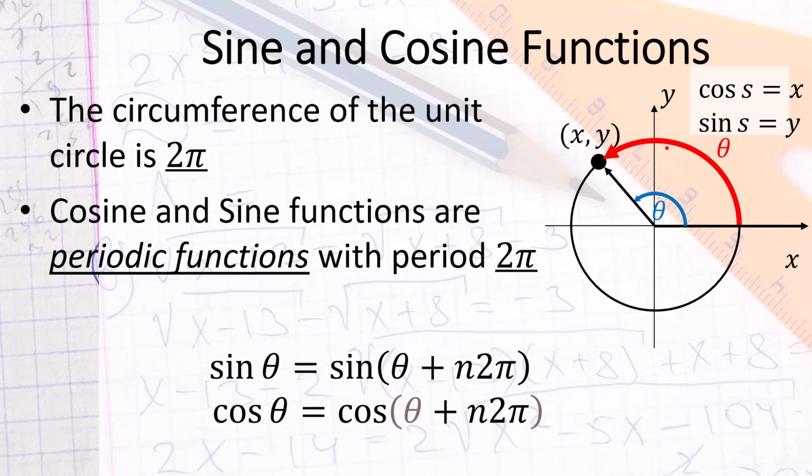Cosine will travel around the unit circle as the angle increases or decreases and then repeat every value of 2 pi. As a consequence, both sine and cosine satisfy the periodic relationship that we mentioned before, and the smallest value of t that they would use is 2 pi, and we can say that sine and cosine are essentially periodic functions with period 2 pi.